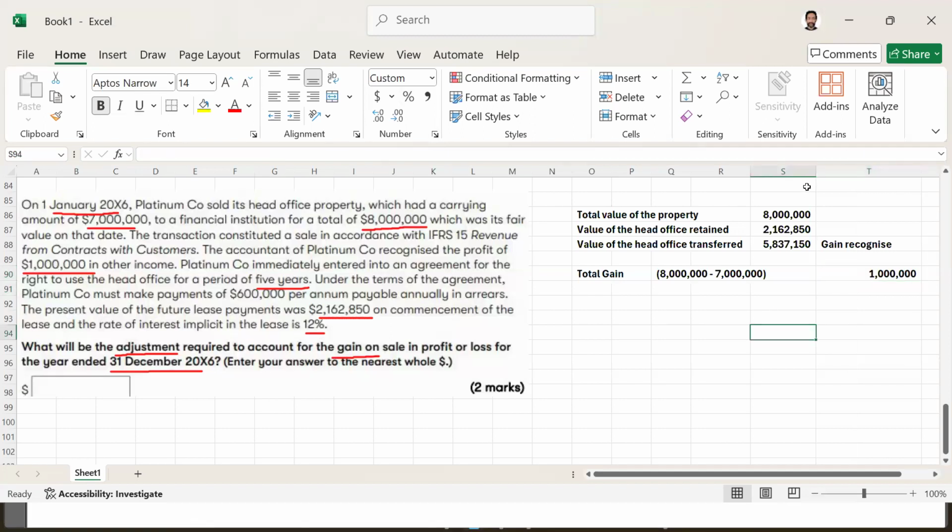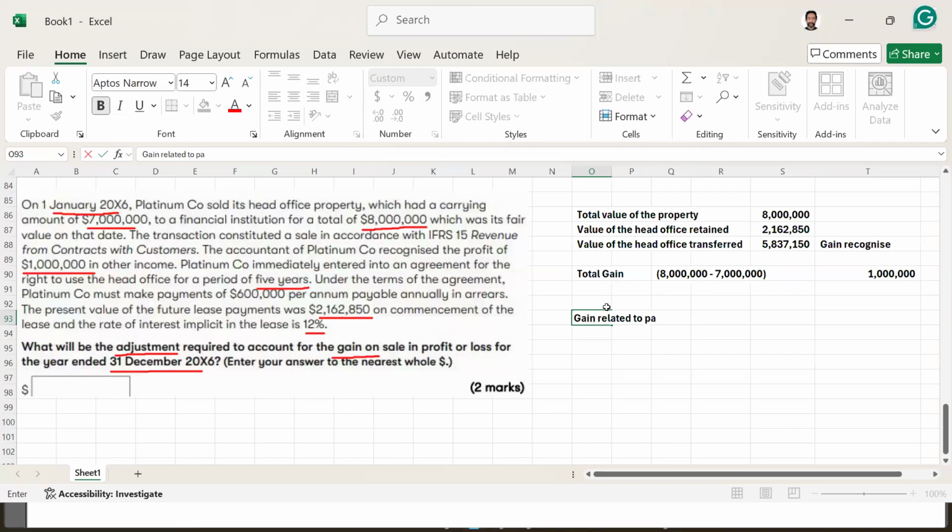So now what we're going to do is, anyway, forget about it. This is the total gain. Now the gain related to part retained, because since they have recognized the whole gain, now we need to calculate the gain related to the part retained and then adjust it.